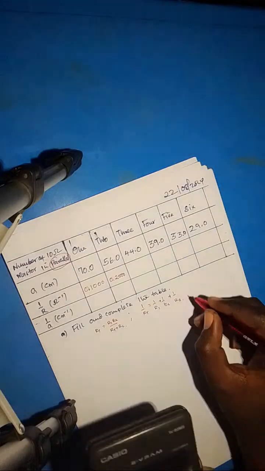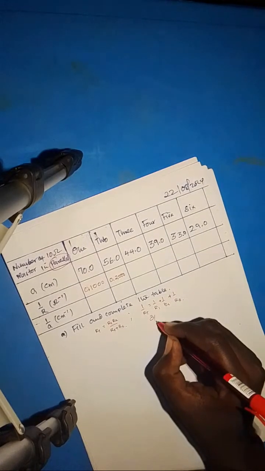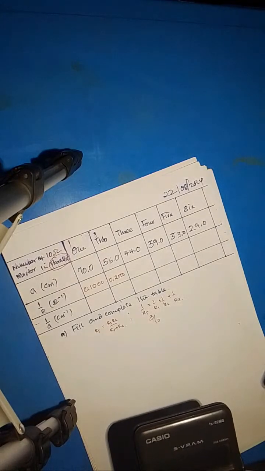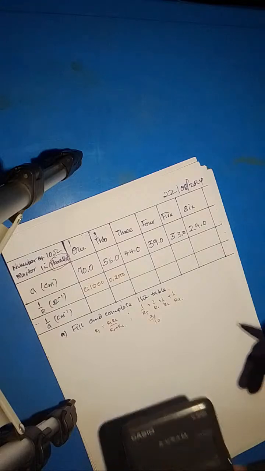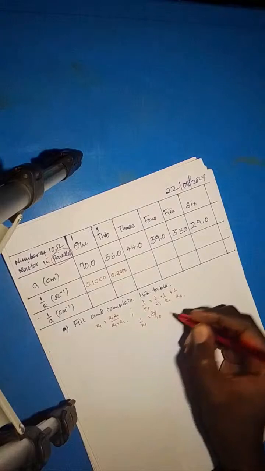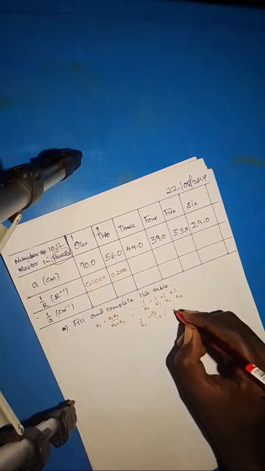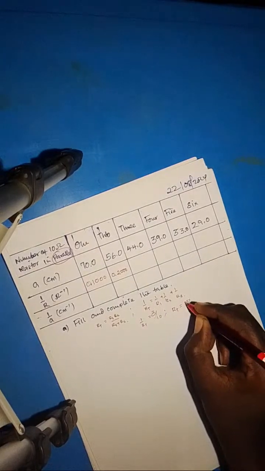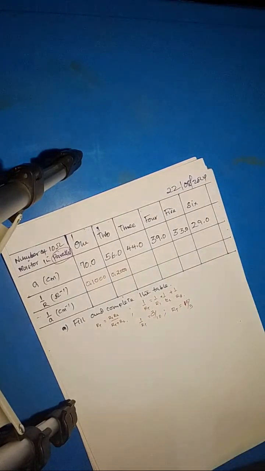I'll be getting 3 out of 10. And this one simply simplifies that 1 over RT is 3 out of 10. Therefore, my RT will be 10 out of 3, which is 10 divided by 3.